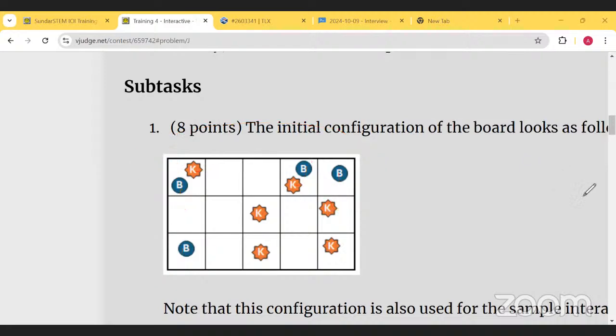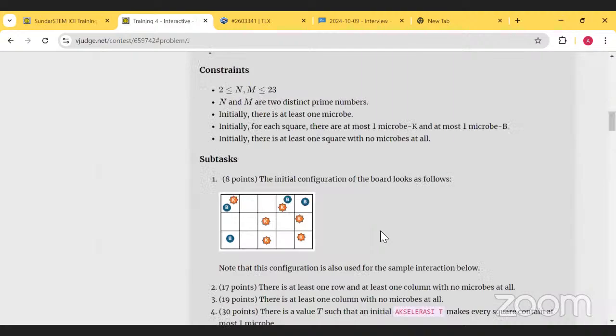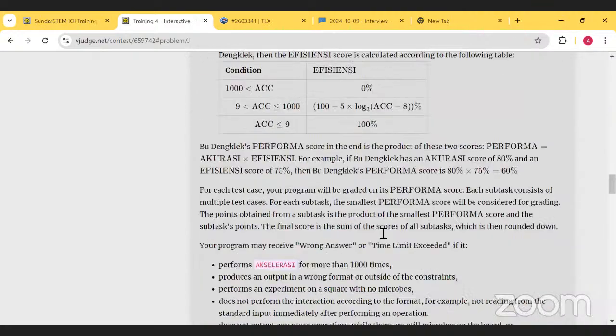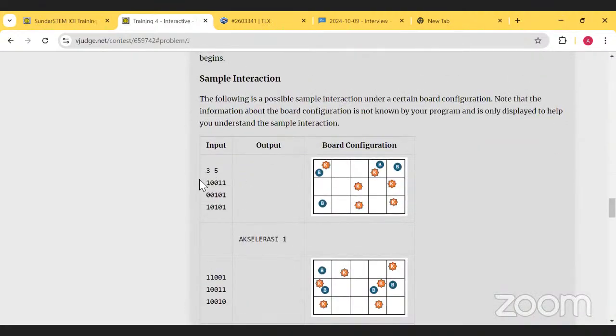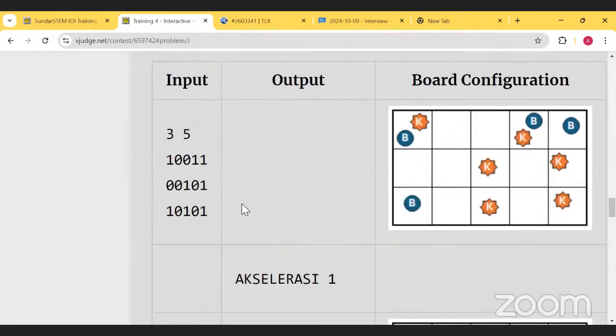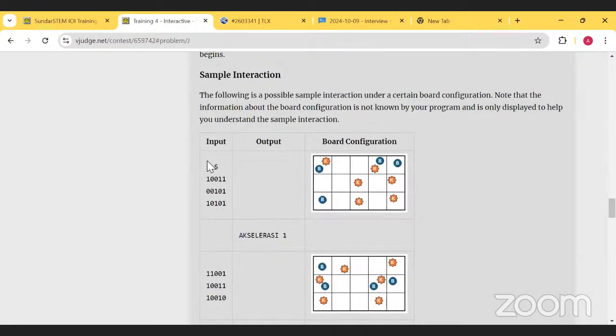And unfortunately, we only get the information like this. We only get the information whether in this position there is a microbe or not. But we do not know whether here is microbe P or microbe K or both of them. So we only know whether there is a microbe or not.